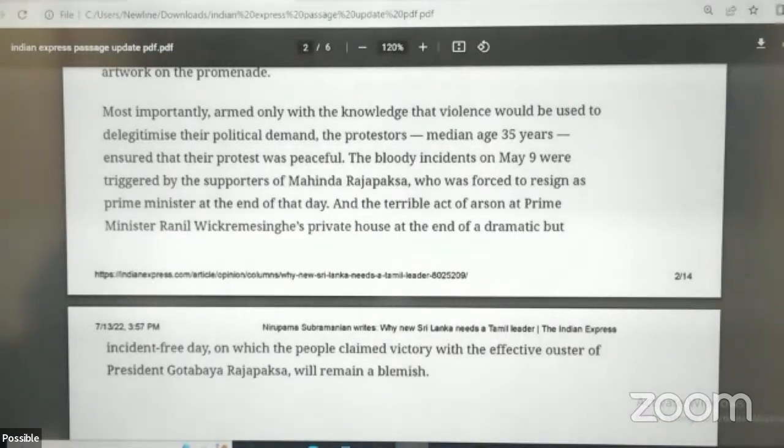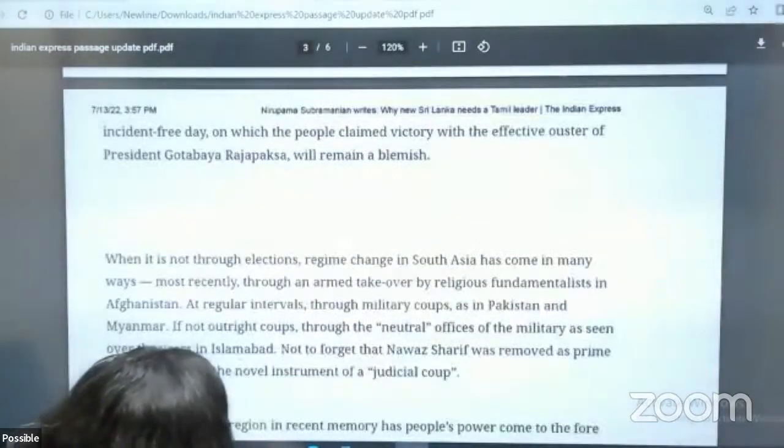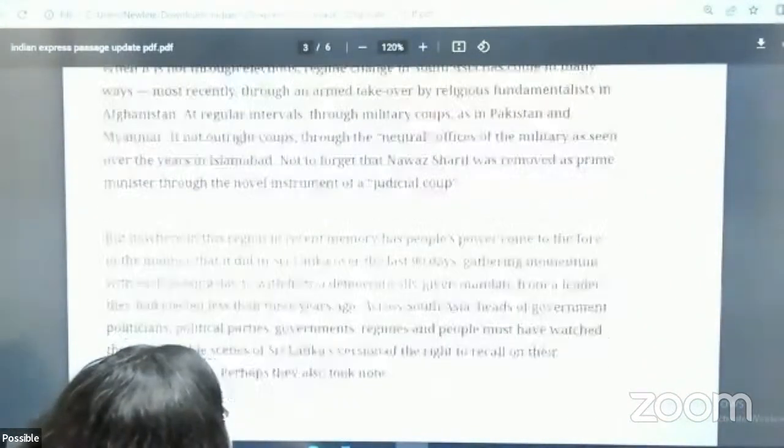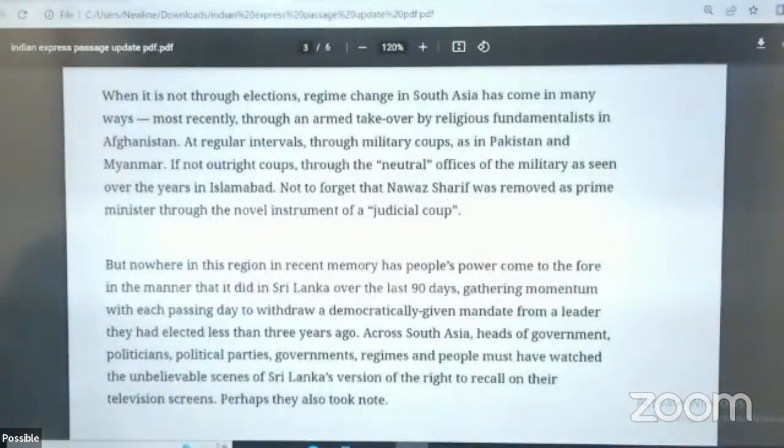I hope you're making notes on the side. Now we come to third and fourth paragraph. Para 3 and 4 done.